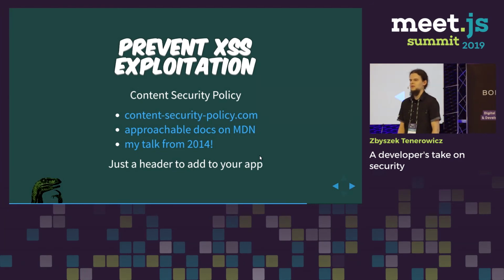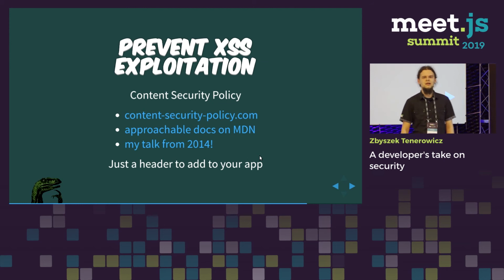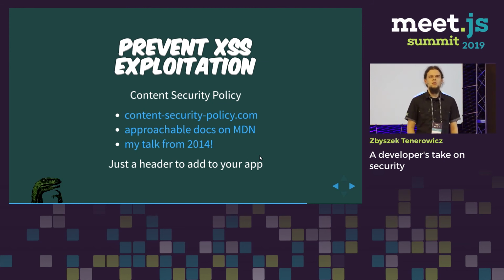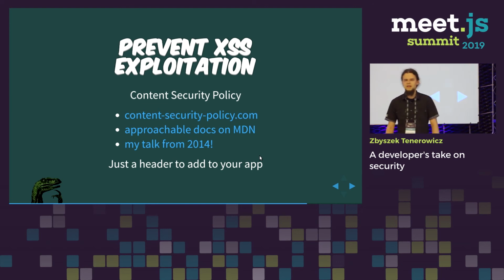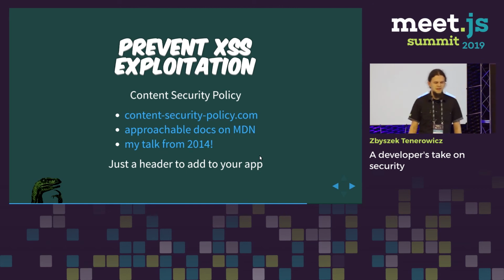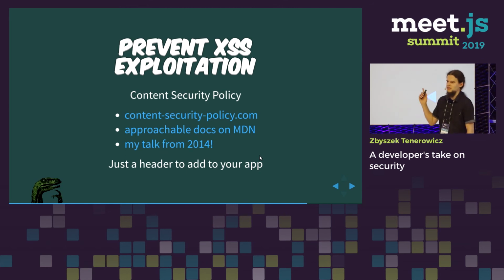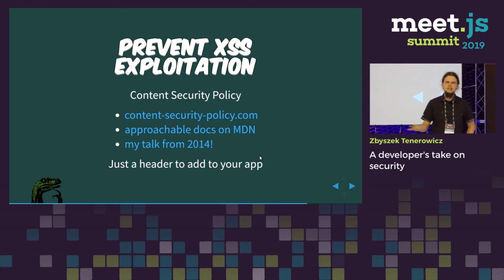So cross-site scripting is a bug where the security guy from your company comes in and says that he can spawn an alert from your application where you didn't expect it. That's the most common use case for cross-site scripting. And there's a thing called content security policy, and I had a presentation about it in 2014.